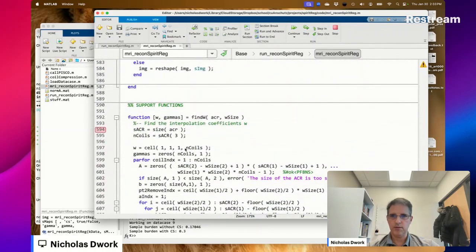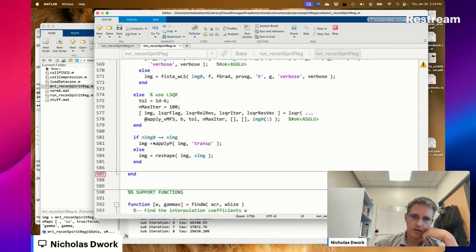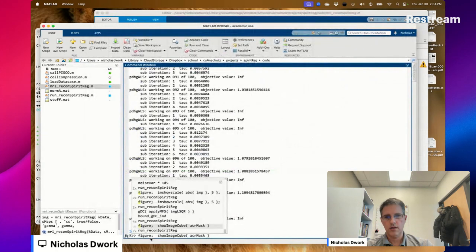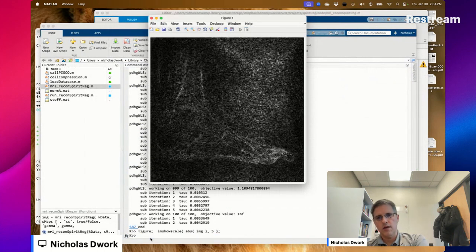How's that going to perform, do you think? Tau is reasonable. That is terrible.